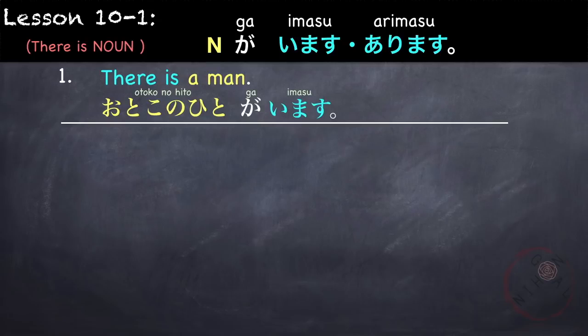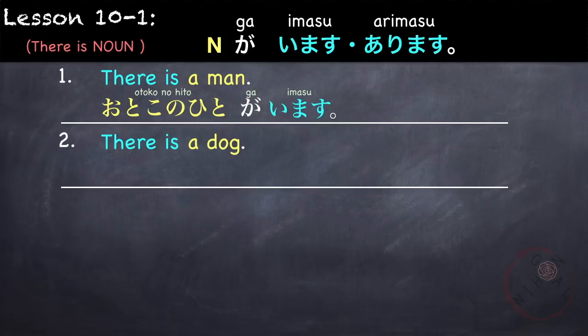Otoko no hito ga imasu. Another example, there is a dog. A dog is inu, followed by the particle ga, and then imasu. Inu ga imasu.